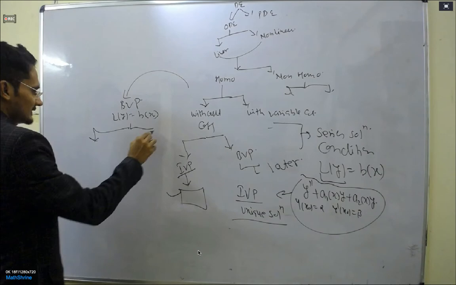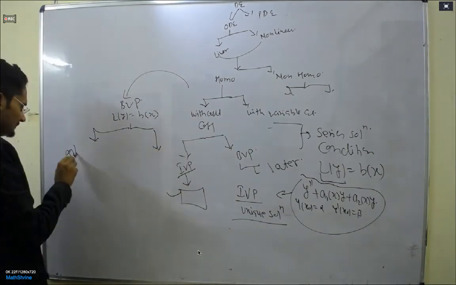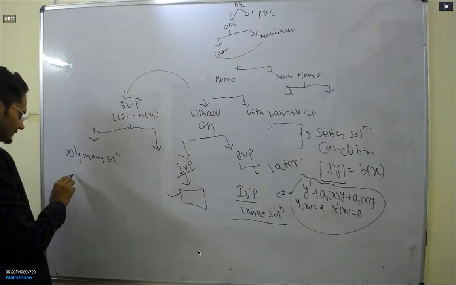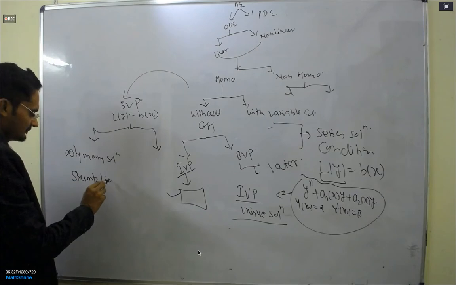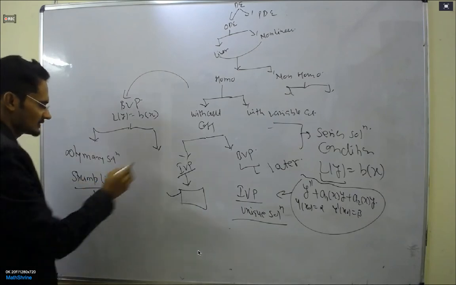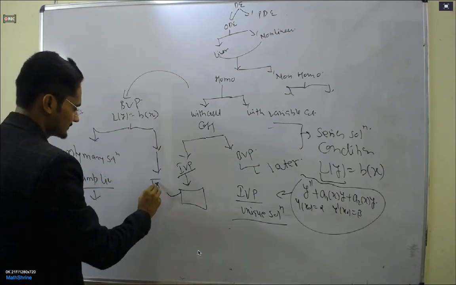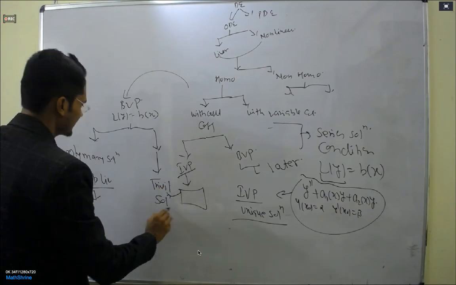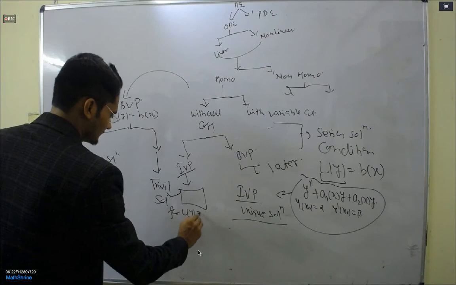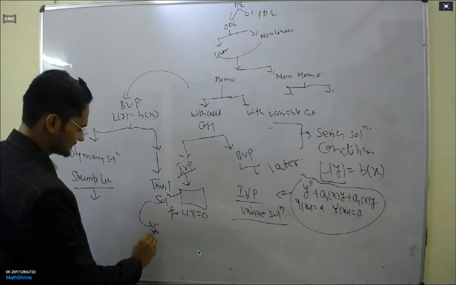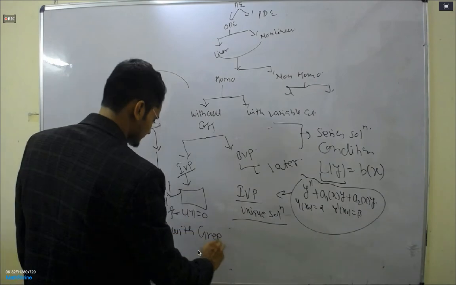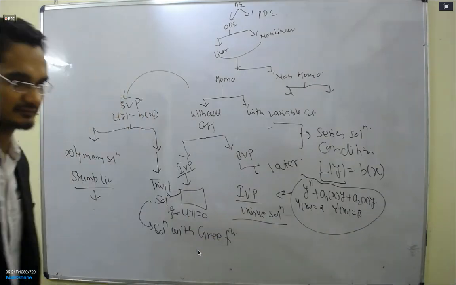One is infinitely many solutions, that we can discuss by the Sturm-Liouville problem that will give infinite solutions. And when there is only the trivial solution for Ly = 0, then we will write the solution with the help of the Green function. That's what we are looking at.